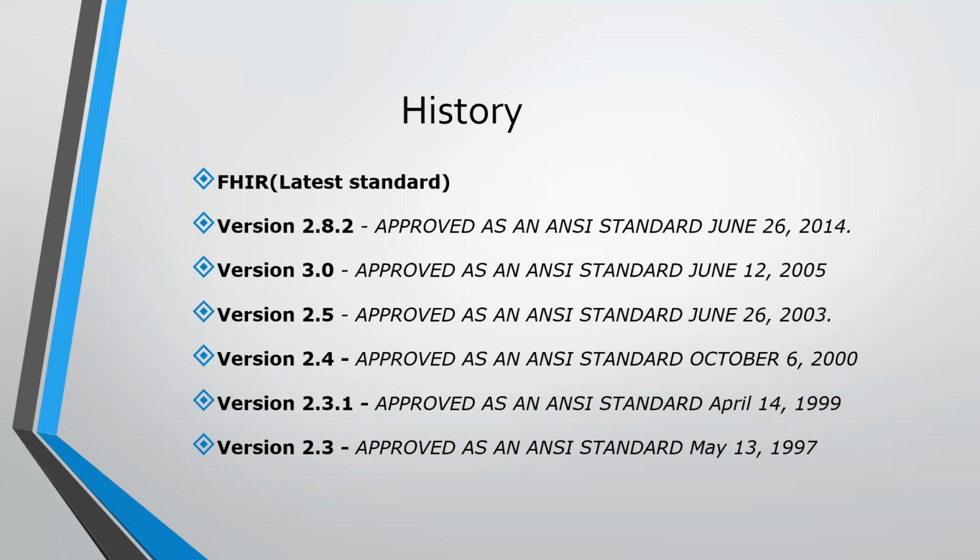But when you see 3.0, it is a completely revamped, completely changed message structure altogether, which is complicated and not very much welcomed by the industry. So that is one of the reasons, and it is quite difficult to find resources. Honestly, I myself have never dealt with HL7 3.0 messaging from an events perspective.